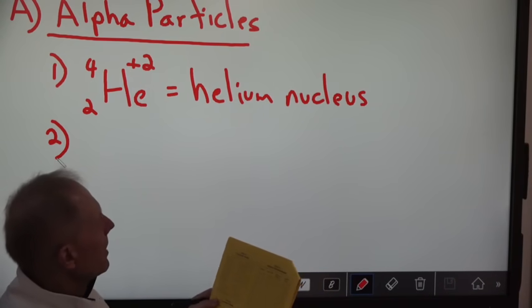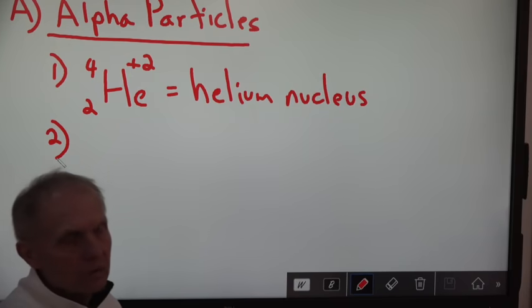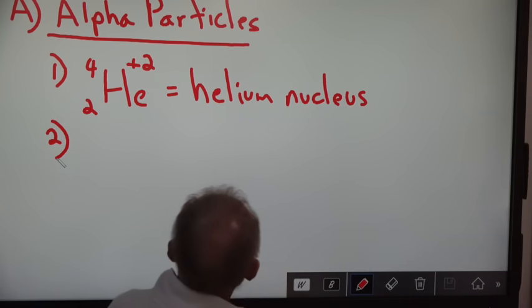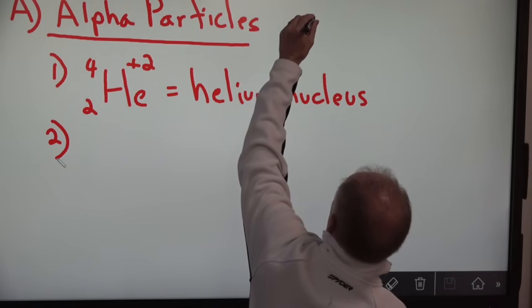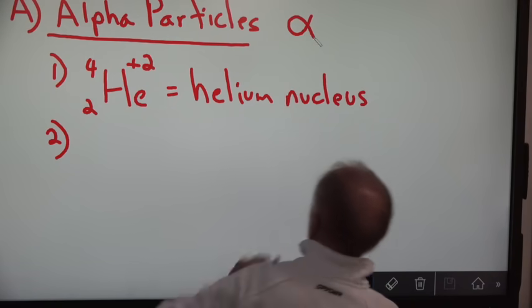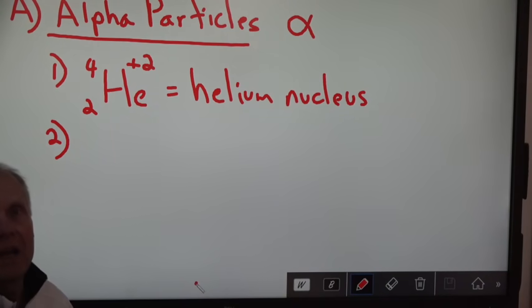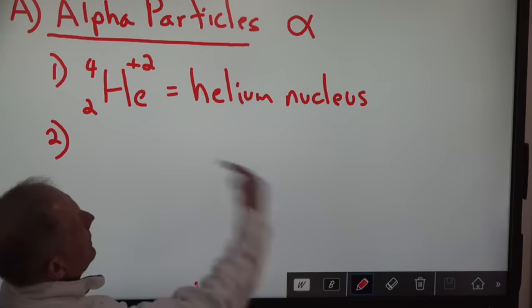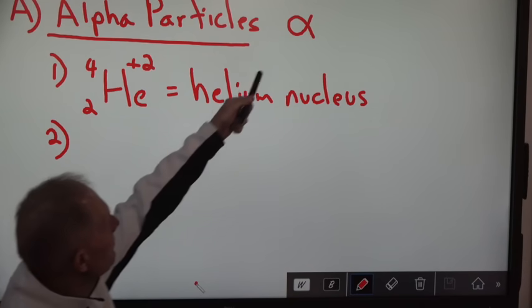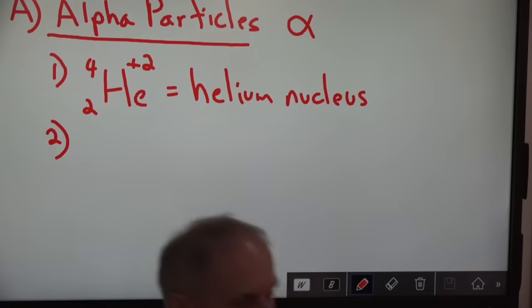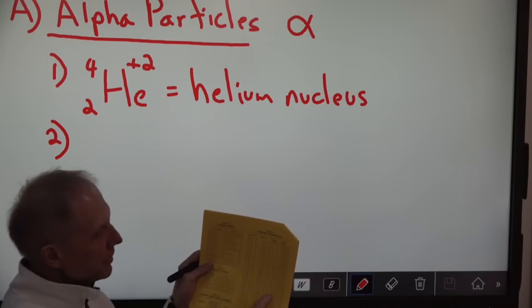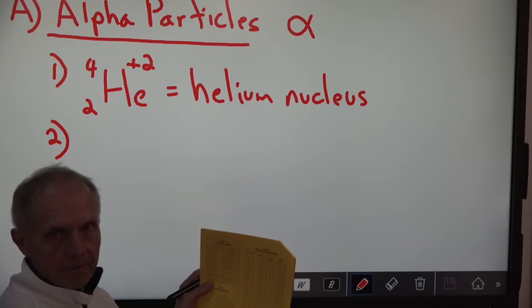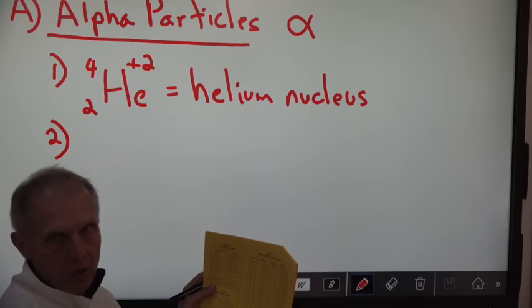So another way of showing an alpha particle is like that. I always say it's like a fat fish swimming to the left. So that's the symbol for an alpha particle. And on reference table N, it shows some of these. Alpha emitters, they're called.